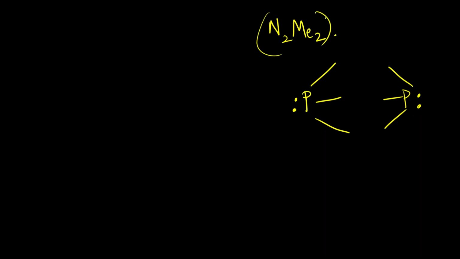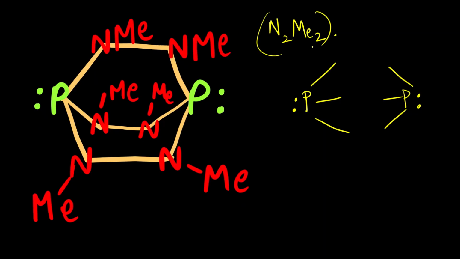How many of these units are there? 3. So a total of 6 nitrogens and 6 NMe. All these phosphorus are attached to nitrogen, and there is a bond between these like this, and all the nitrogens are attached to methyl groups.